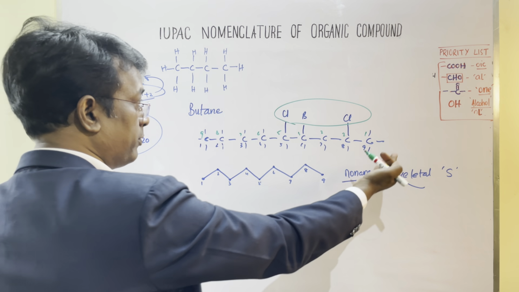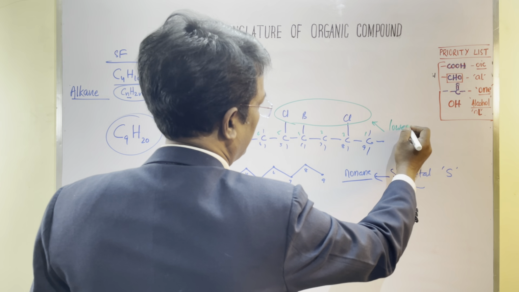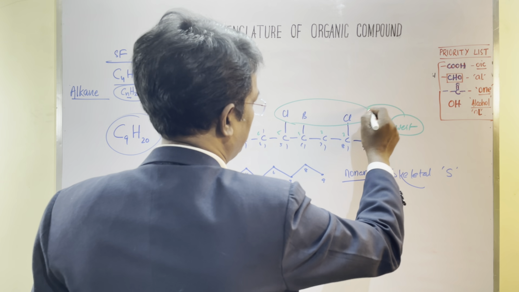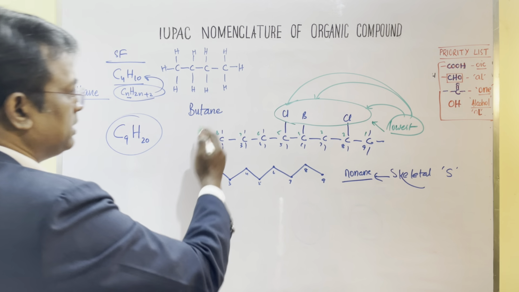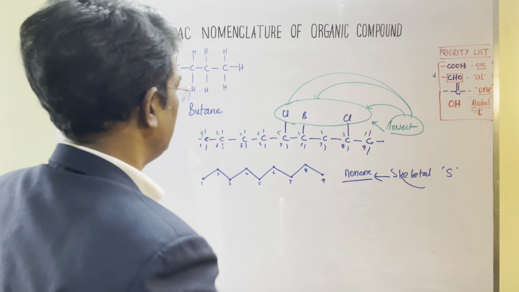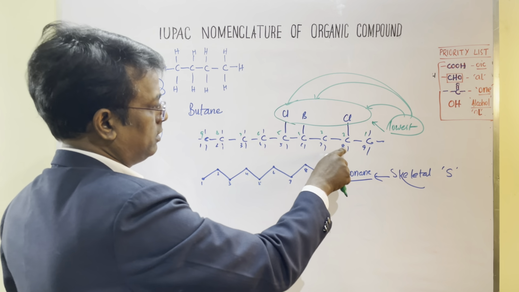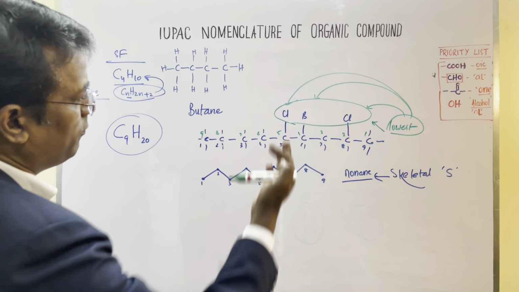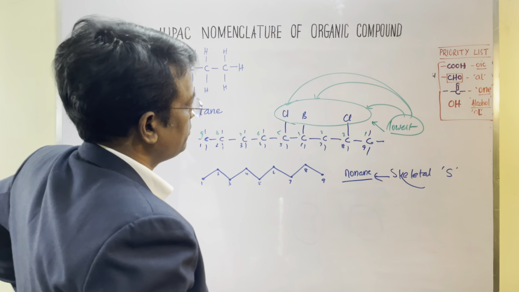We take counting from the other side, because we remember the substituent should get priority by being assigned the lowest possible number. From this side, it's quite far away. The starting carbon will be 5th, which is quite large compared to the second one. So from that side, we cover the numbering better.